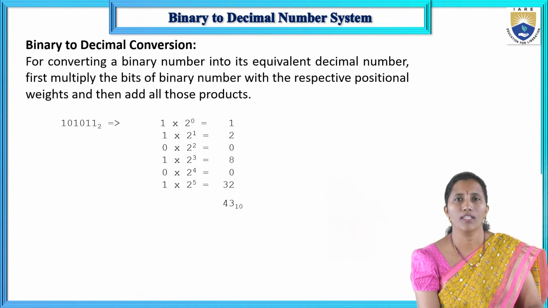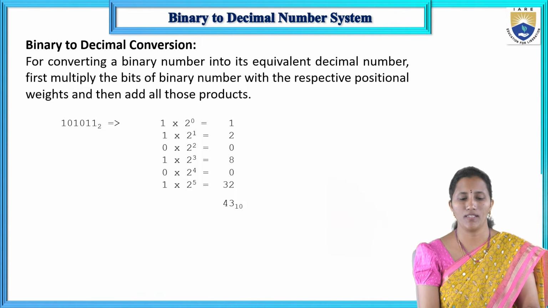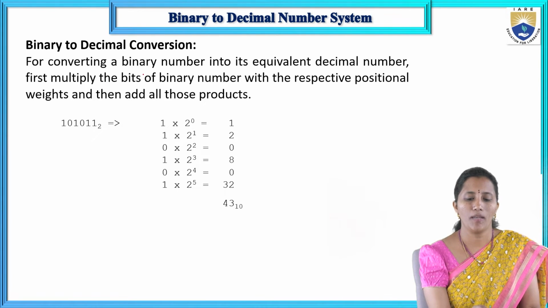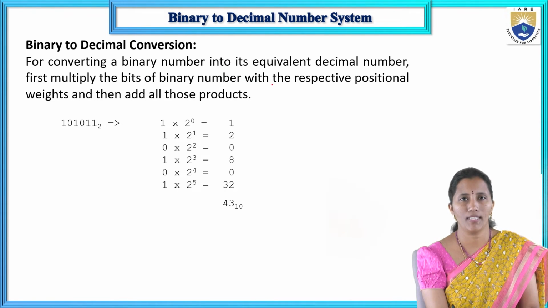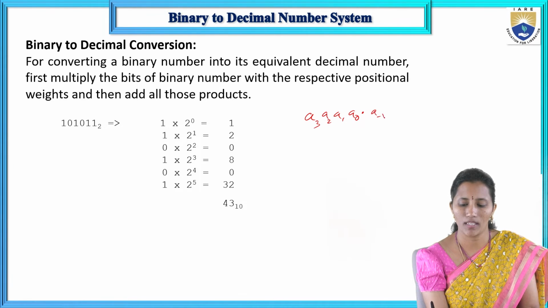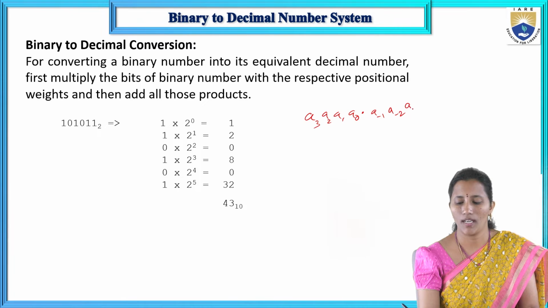So how to convert binary to the decimal number system? Here, for converting a binary number into its equivalent decimal number, first multiply the bits of the binary number with the respective positional weights and then add all those products. Suppose we have a number A0, A1, A2, A3 dot A minus 1, A minus 2, A minus 3.